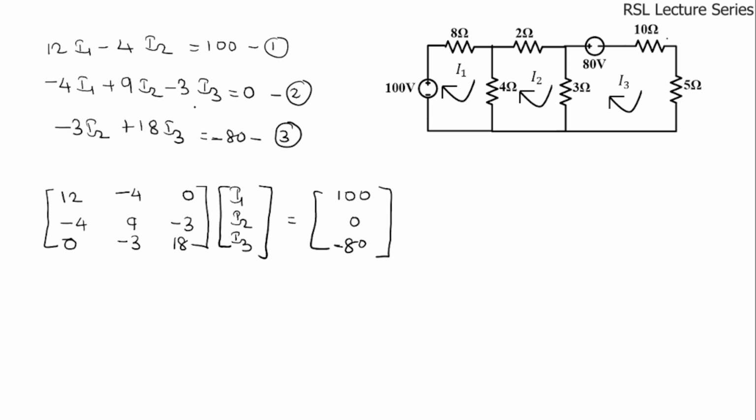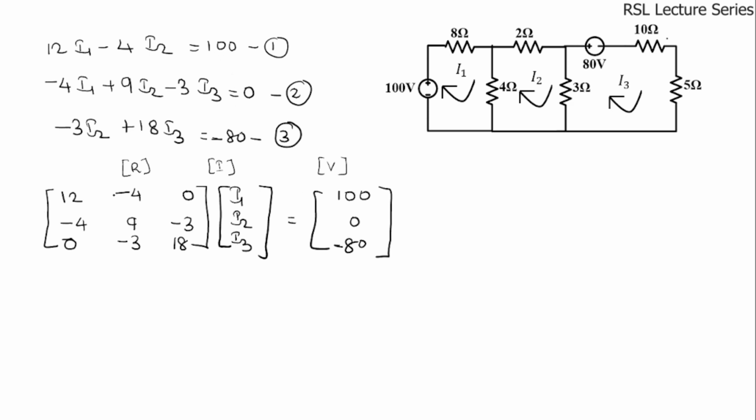Okay. So these three are the equations we have derived, and we can write them in matrix form. As already discussed, this is the resistance matrix, this is the current matrix, and this is the voltage matrix. We have to write the coefficients of I1, I2 and I3 of the first equation in the first row, the second equation in the second row, and the third equation in the third row, and the right hand side values are written on the right hand side.